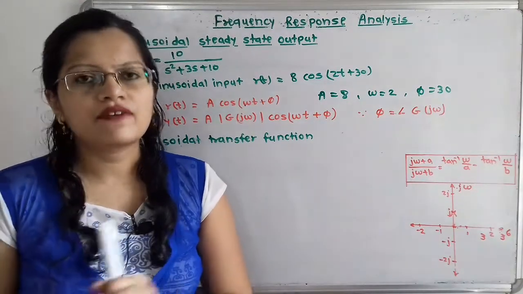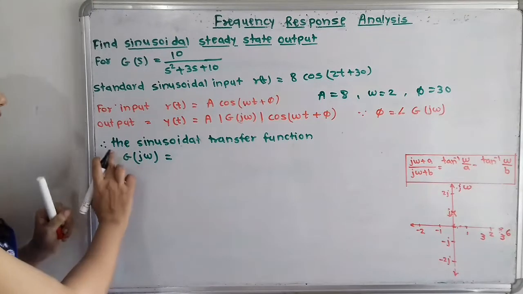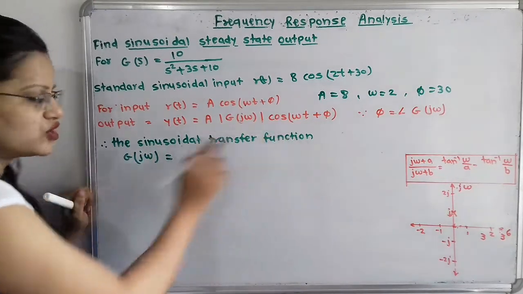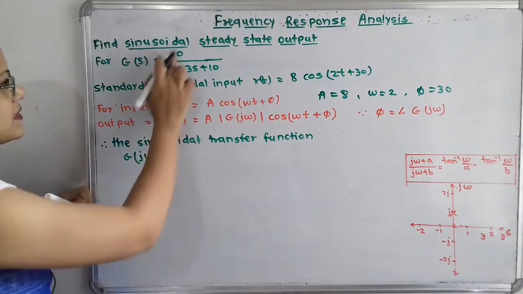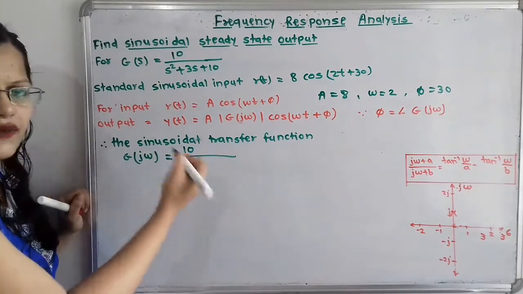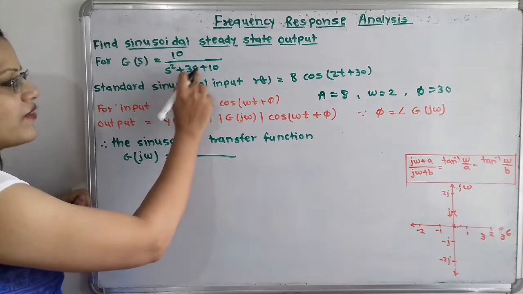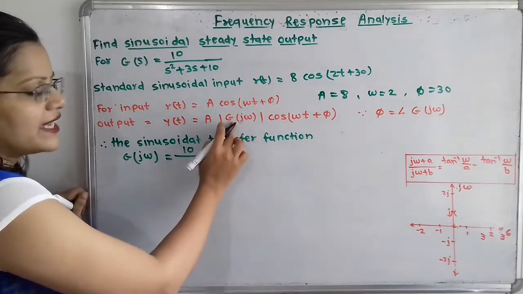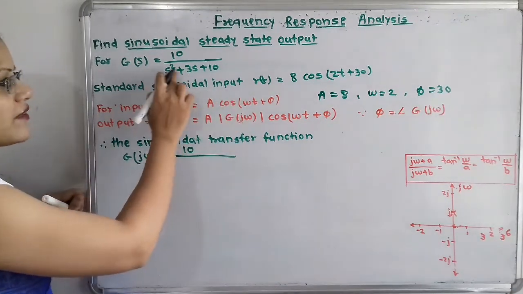So our first step is that we have to write the sinusoidal transfer function G(jω) = 10 divided by s², that is j²ω². So instead of s we have to put jω. So j²ω².